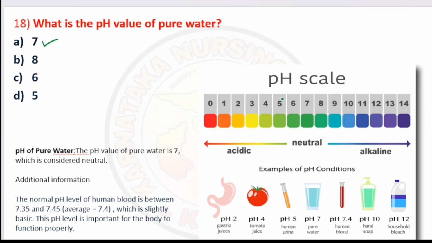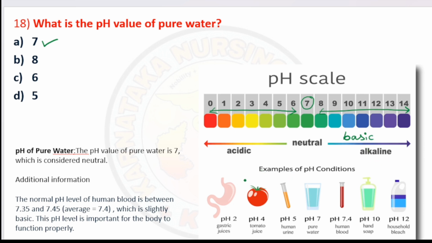If you look at the pH scale, 7 is considered the neutral value. Between 0 to 6 is considered acidic, and between 8 to 14 is considered alkaline. Alkaline is usually termed as basic. So basic is another name for alkaline.